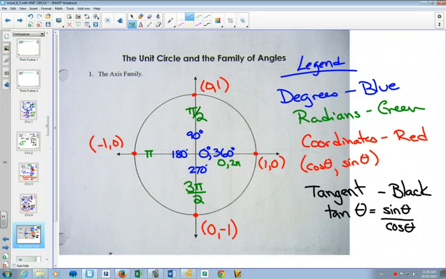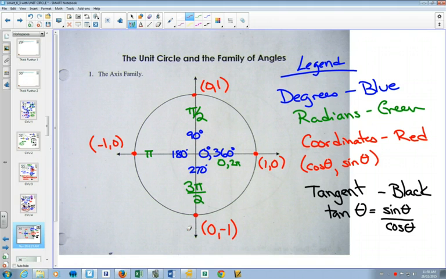Who wants to pick a volunteer? If you get chosen, you're for sure not going to be the first volunteer. Okay. Before you pick a person, I want you to tell me what cos of 90 degrees is.